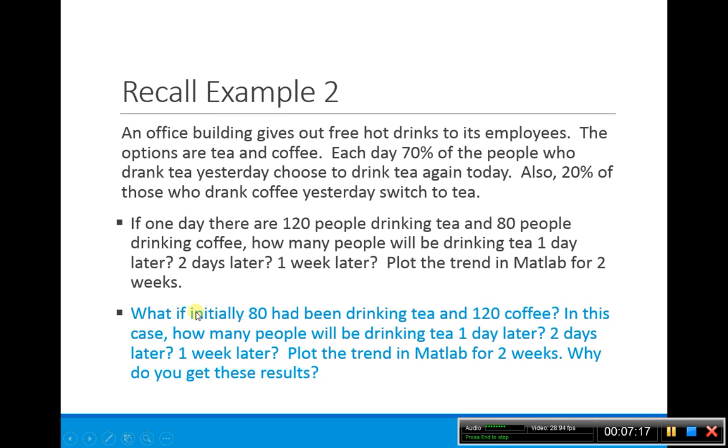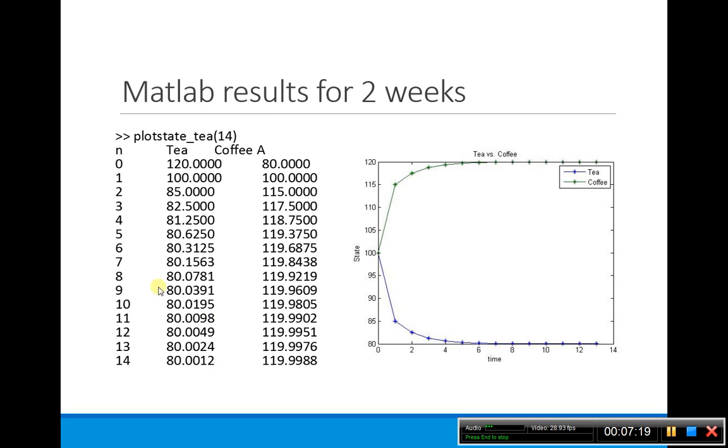So go back and look at what we had before. Remember this trend where we started with 120 people drinking tea and 80 people drinking coffee? Well, when we had this, then we got this trend, and remember what we said this was? Steady state had 120 people drinking coffee and 80 people drinking tea.